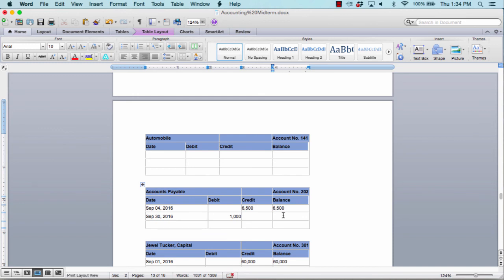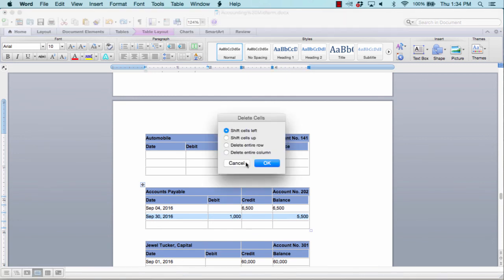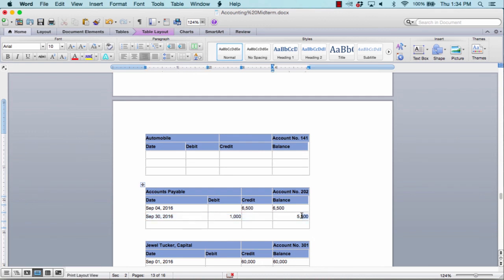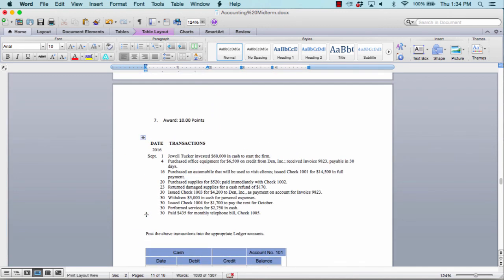So make sure that your balance here shows $5,500 now, because you have a credit of $6,500, and then you debited $1,000, so now your new balance is $5,500. Okay, so that's what you would do, and so on and so forth until you go through all of the transactions. But this is not an actual answer. This is just an example. Okay, and that's all you do for number 7.